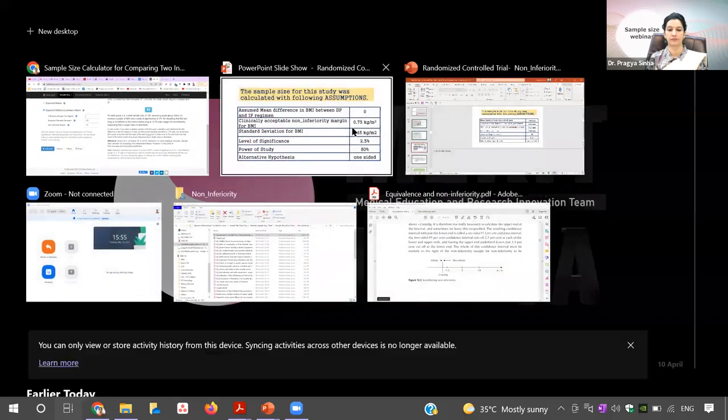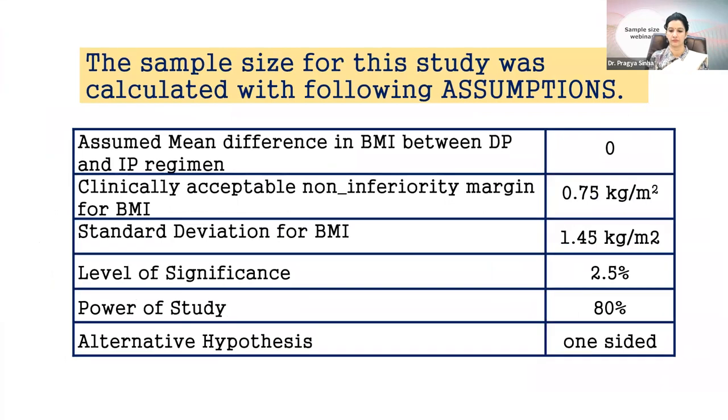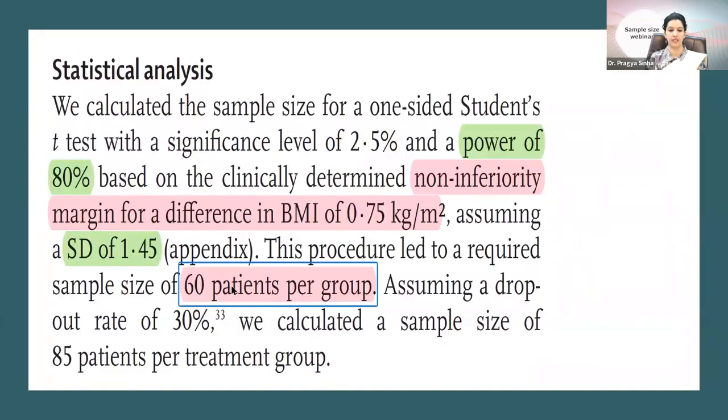You can see what their value is. They have calculated 60. So there was a difference of 3 because that 0.25 is not coming in the Statulator. It takes either 0.2 or 0.3. And then by assuming a dropout rate of 30%, they have increased the sample size to 85.